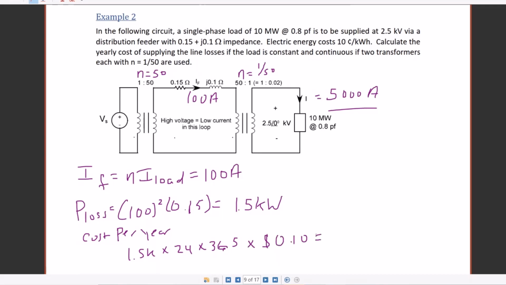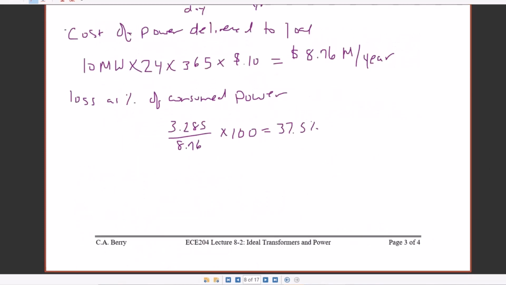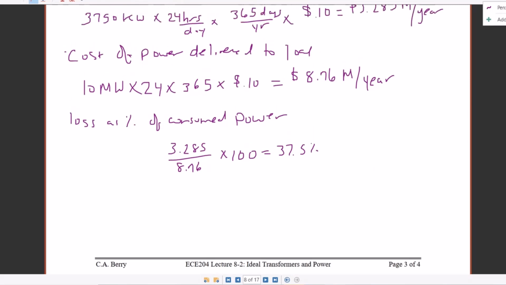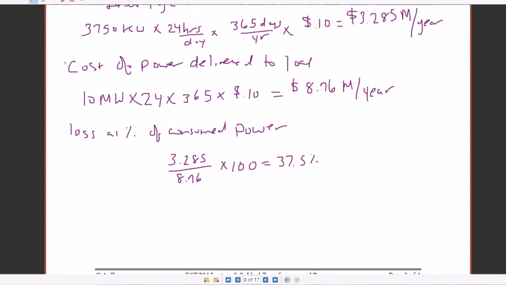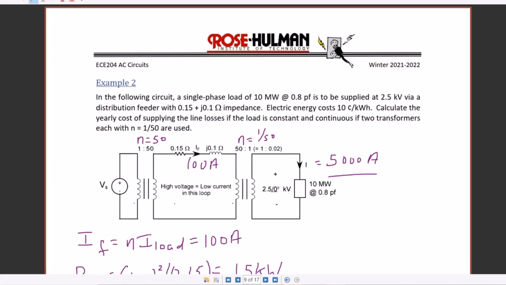So the cost of the power loss is now $1,314 per year, compared to 3.28 meg per year. All right, that's what it was. 3.28 meg per year, or 3.28 million per year, actually.